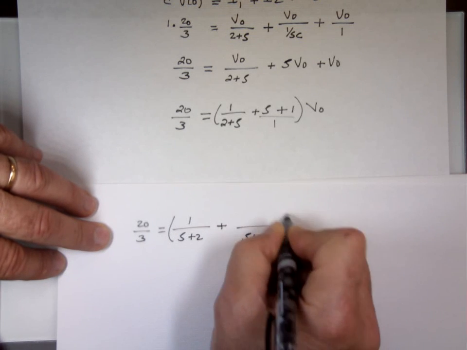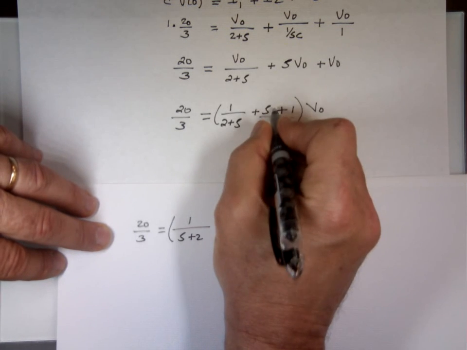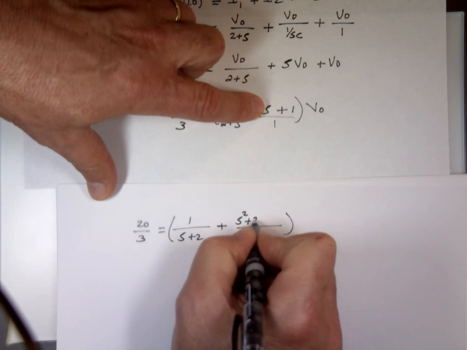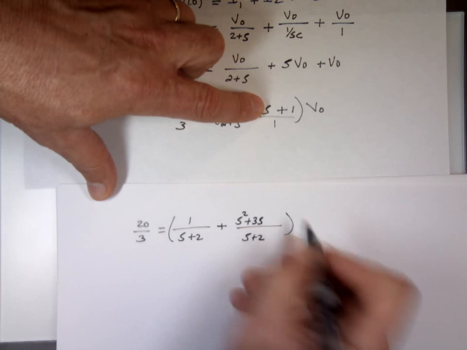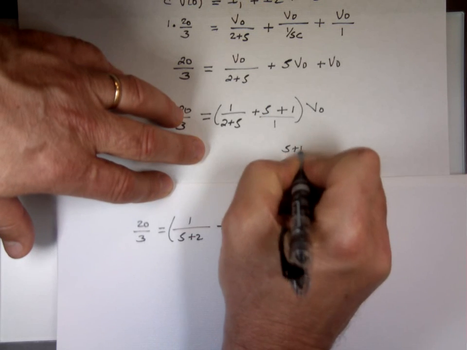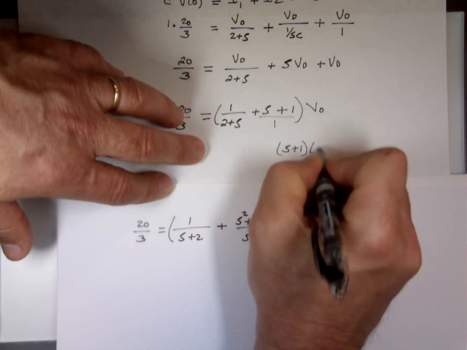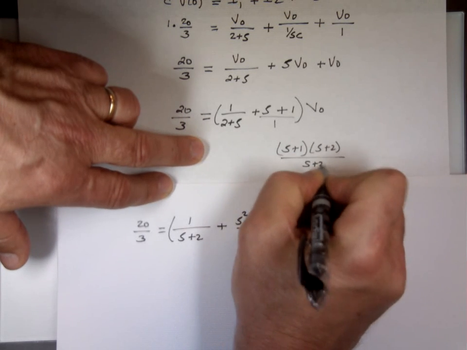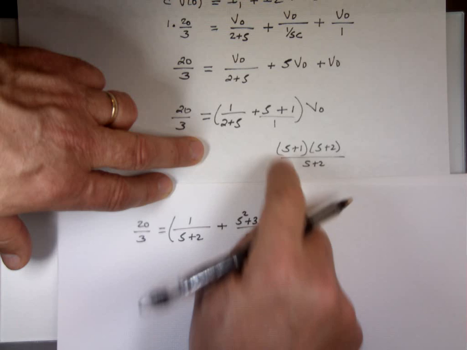S times S is S squared. I think that's 3S. And 1 times 2, which is a 2. Again, what I did, S plus 1 times S plus 2 for the LCD. Try to write this one like that. That's S squared. 2S and 1S is 3S, and that's a 2.